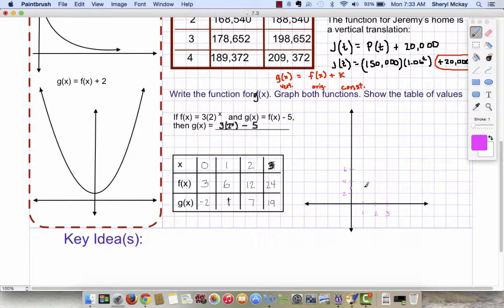And when x is 1, f of x is 6. When x is 3, f of x is 12, so 8, 10, 12. And I don't think I can get 24 in there, but let's try it. When x is 4, let's see, this would be 12, 14, 16, 18, 20, 22, 24, way up there.